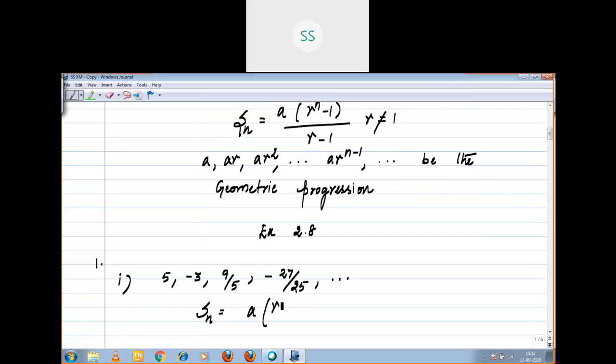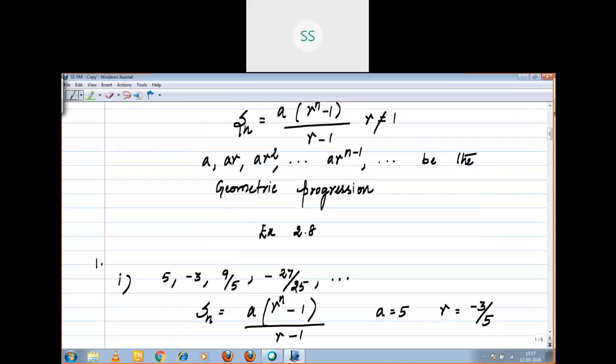Sn equal to A into R power n minus 1 divided by R minus 1. What is your A? A equal to 5. What is your R? R equal to second term divided by first term.